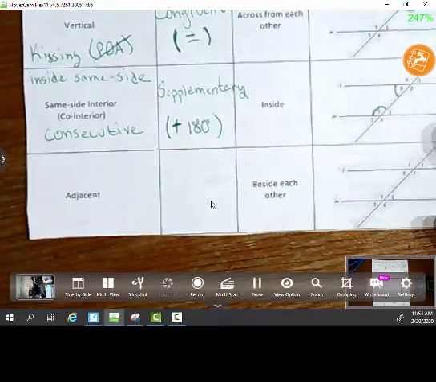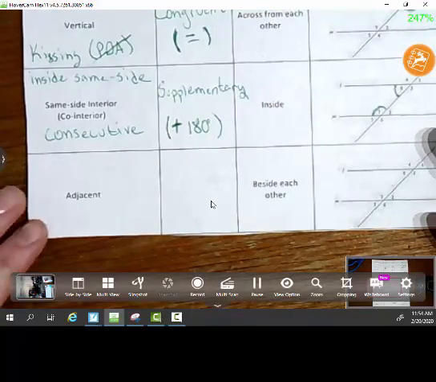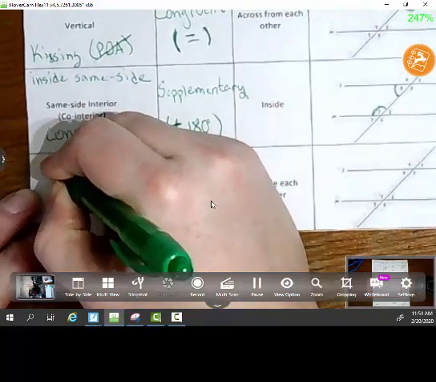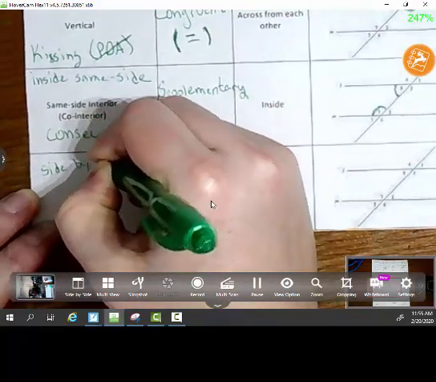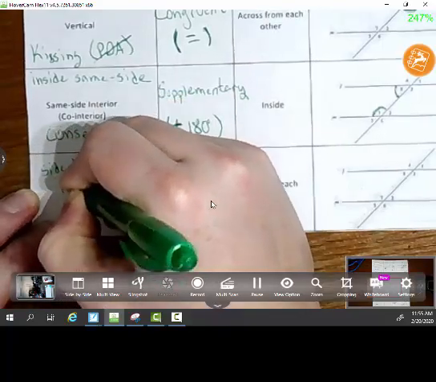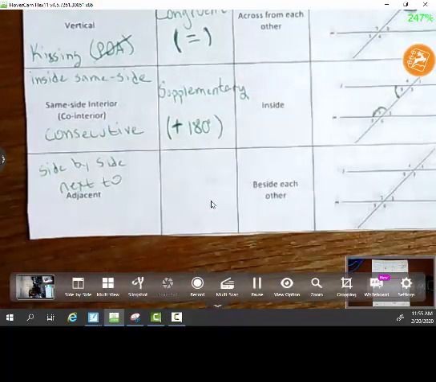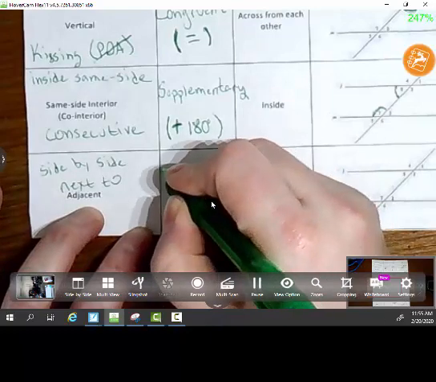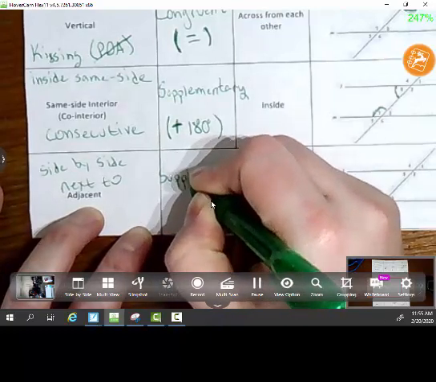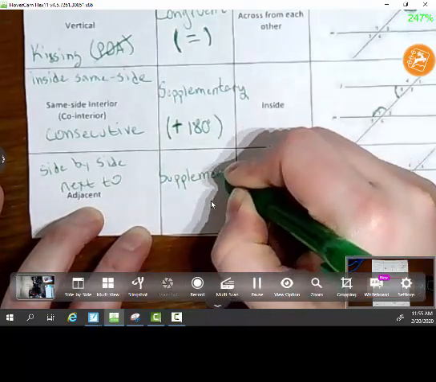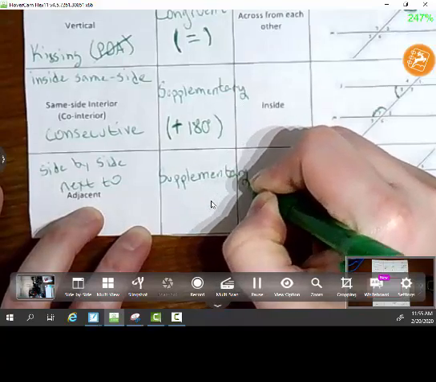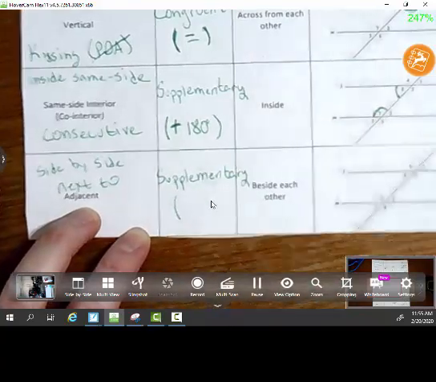Alright, last one. Adjacent. Next to. Side by side. Yeah, next to works. These are also supplementary. And what does it mean to be supplementary?